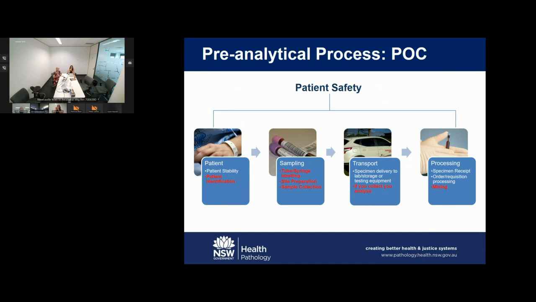And then transport, and transport we think of putting a sample in a car and driving it somewhere else. In the case of point of care, you may be sampling and delivering it to a machine at the bedside, or you may need to walk some distance from the patient and actually deliver it to a laboratory or go to a blood gas analyzer in another part of the hospital. And that's what we refer to as transport.